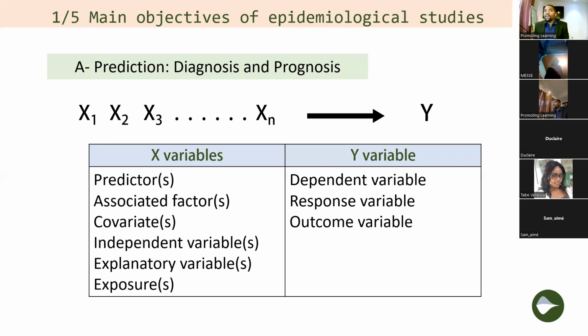Diagnosis has to do with trying to say with some amount of precision what is the condition of an individual. So in clinical medicine, if I use a rapid test to diagnose tuberculosis, I am doing diagnostic prediction.